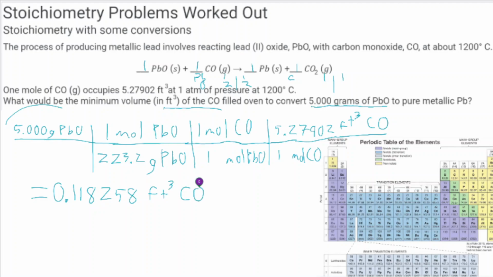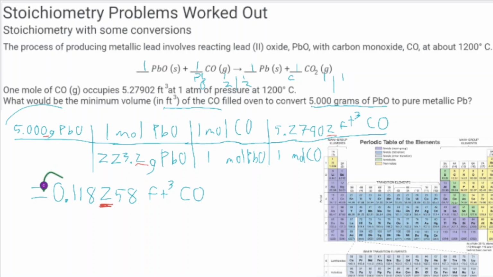And then we can go back and look at our significant figures. You can see that we have 4 significant figures there, 4 significant figures there, and then we have 6 significant figures there. So we have 4, 4, and 6. We're going to be limited to 4 significant figures, so we're going to be limited to that 2.